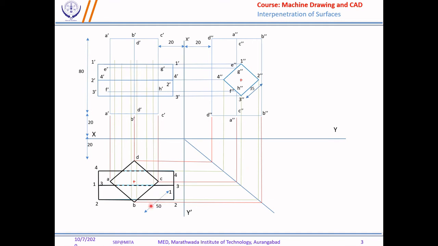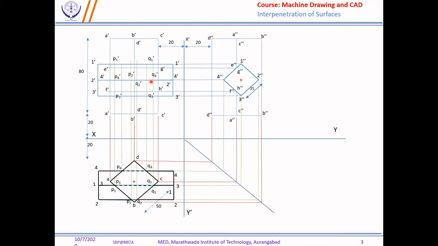Next, we need to project the intersection points from the top view to the front view, where we need to locate all these points correctly. The names given to those points are P1, P2, P3, P4, Q1, Q2, Q3 and Q4. These are projected in the front view as P1 dash, P2 dash, P3 dash, P4 dash, and similarly Q1 dash, Q2 dash, Q3 dash and Q4 dash.